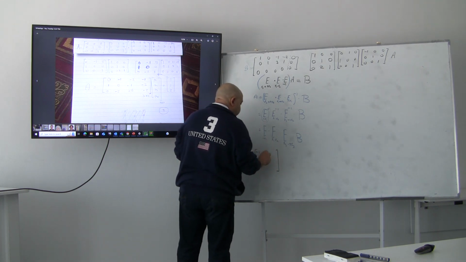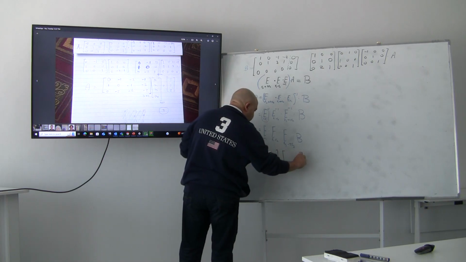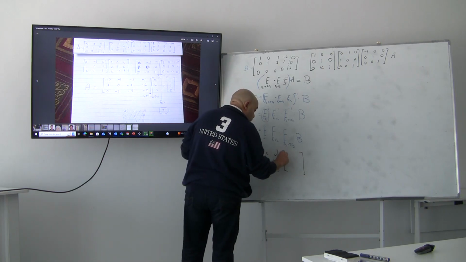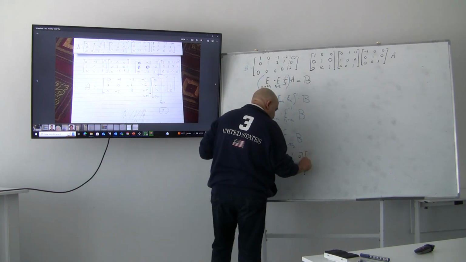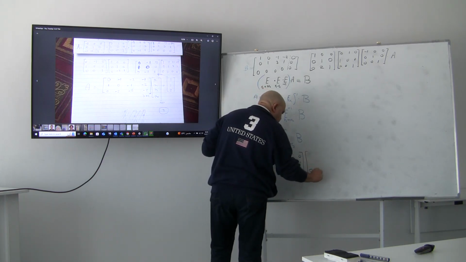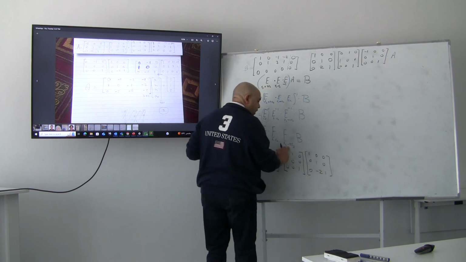So it's negative 1, 0, 0, then 0, 1, 0, then 0, 0, 1. Then times, I will replace R1 and R2. So I will have 0, 1, 0, then 1, 0, 0, then 0, 0, 1. And then the last one has 1, 0, 0, then 0, negative 2, and 1, 0, 1, 0, for the last operation.